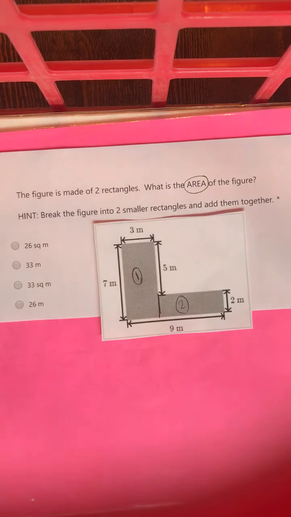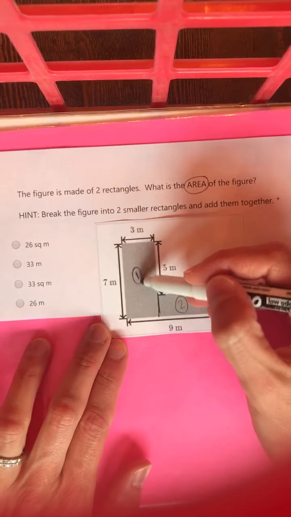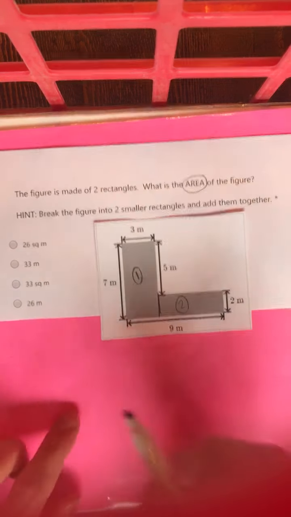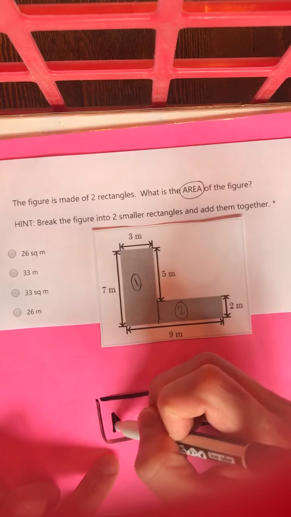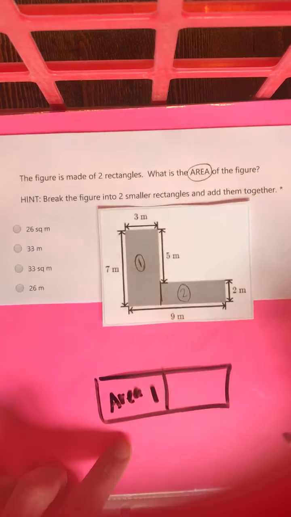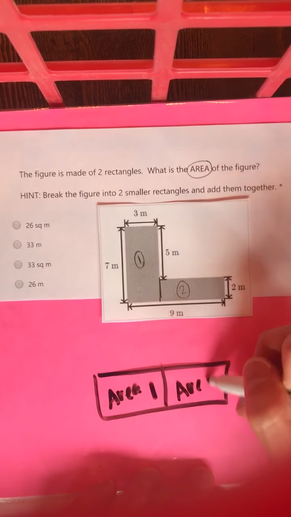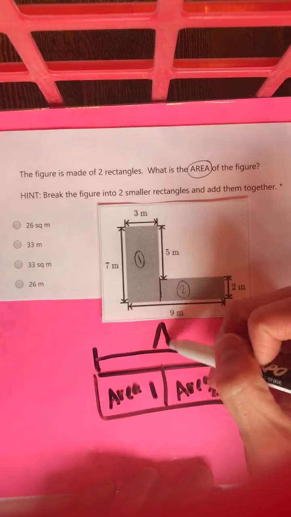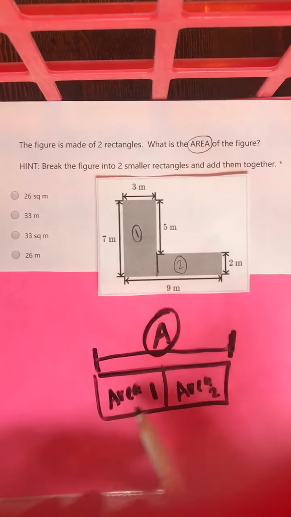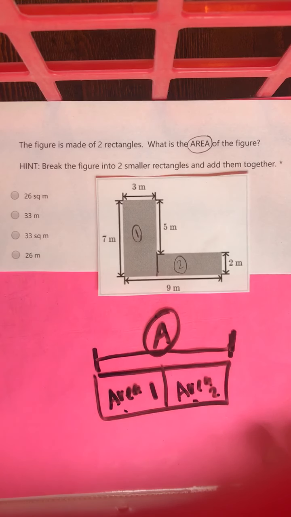Okay, friends, great job. So I'm not going to give you the areas of 1 and 2, but remember, you have 2 parts. You have the area of shape 1, and you have the area of shape 2. How are you going to find the whole or the total area? What do you need to do with your 2 parts?